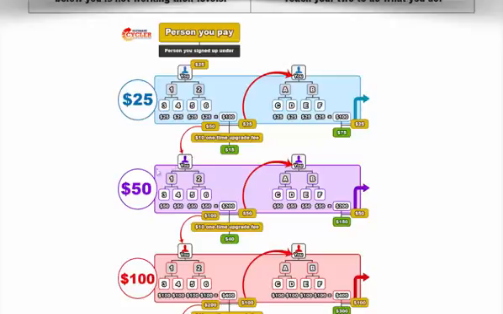Okay, so once you're in the $50 Business Center, now you have two businesses going on. The $25 Business Center is still running. The $50 Business Center is just starting, and you're teaching your people to follow you into a higher business center, thus increasing your income potential by doubling your income, because this is now a $50 Business Center.